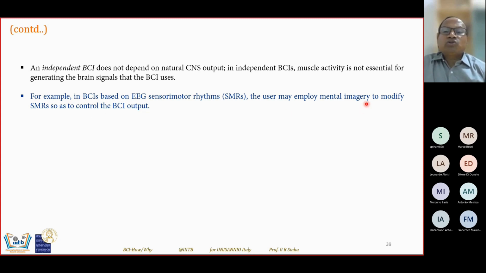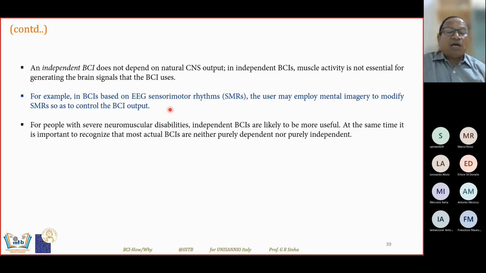So the user may use some mental imaging, first some mental map can be created, and that map can actually control the BCI output. I hope we will have some more discussion on sensorimotor rhythm, if time permits, in the coming lectures.